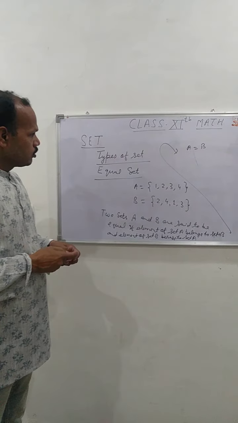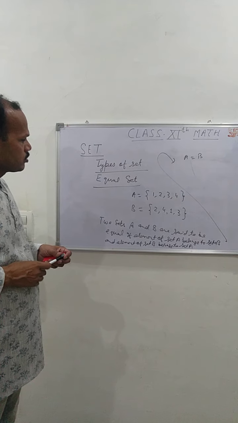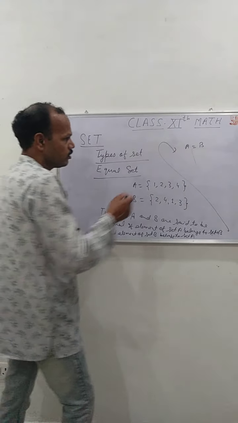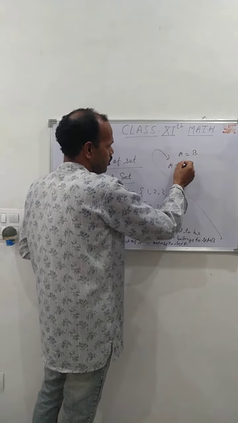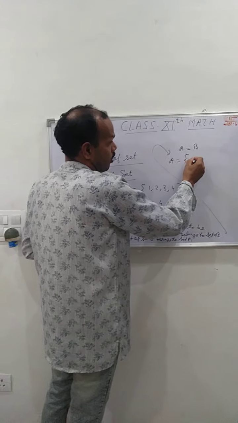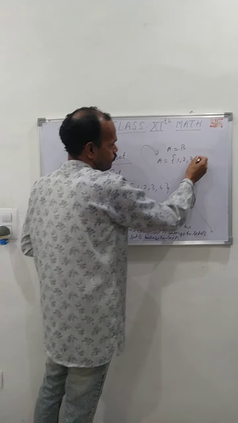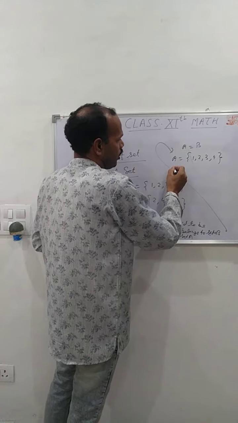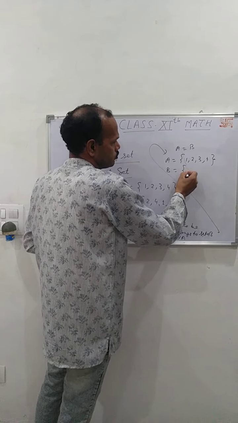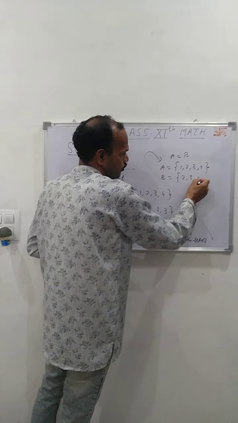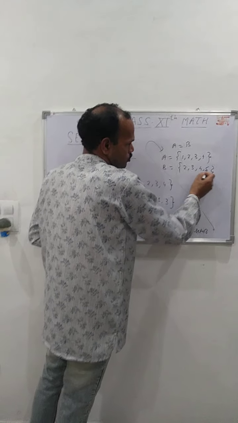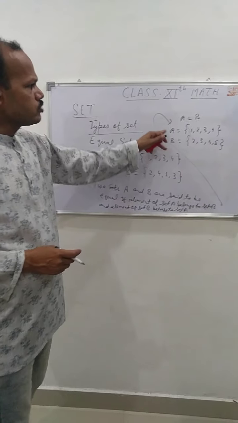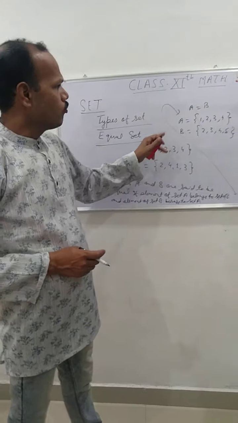Sometimes, if we are given set A equal to {1, 2, 3, 4} and set B equal to {2, 3, 4, 5}, are these two sets equal? No. Why?